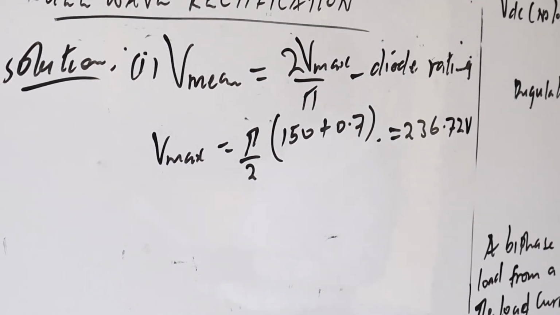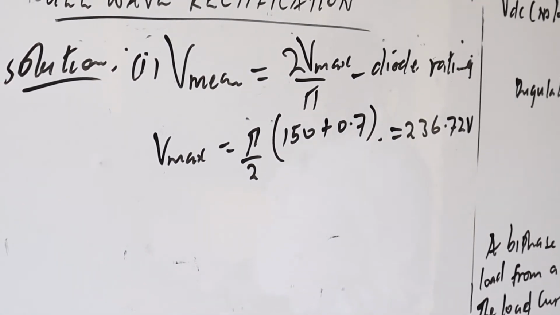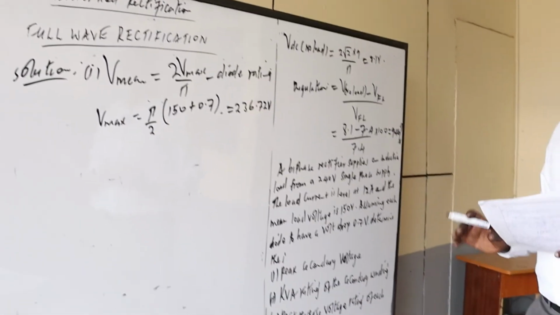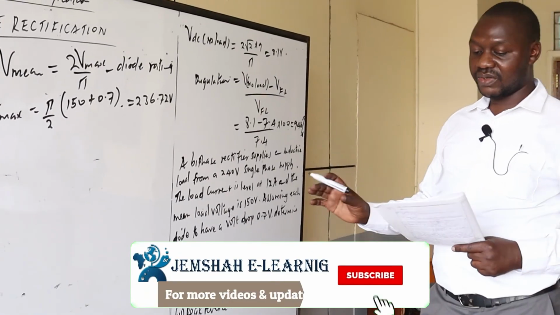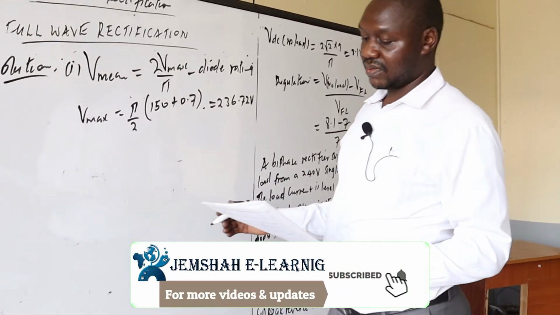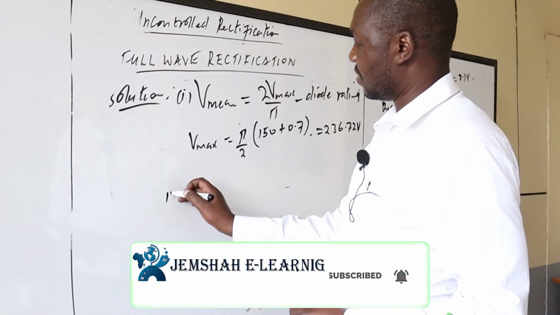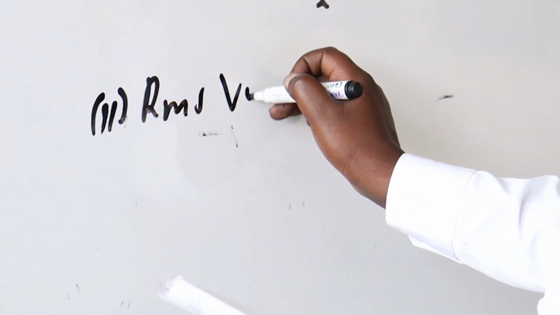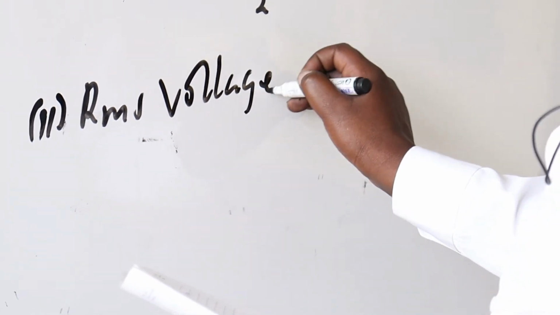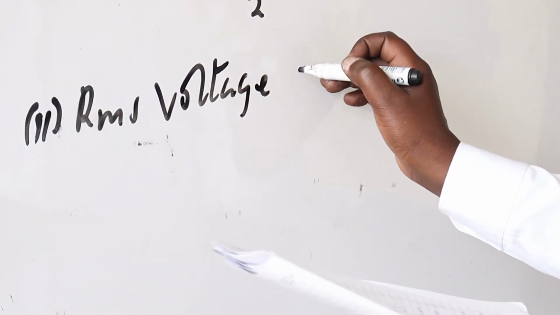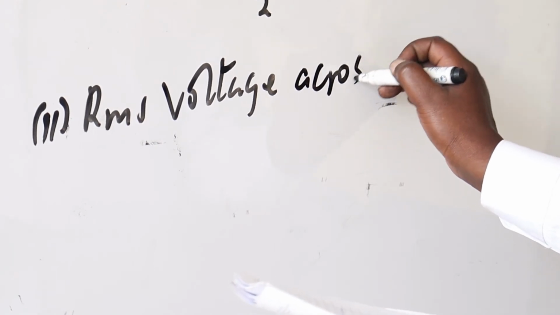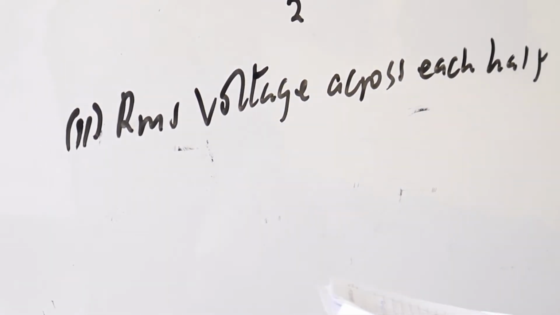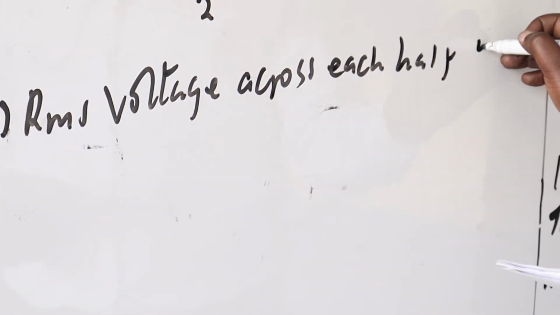So now Roman 2, RMS voltage across each half of the secondary winding, because we saw that the secondary voltage is divided into two.